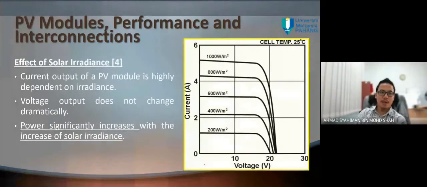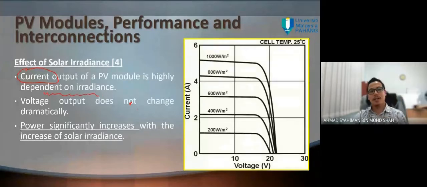Okay, effect of solar irradiance. The current output of a PV module is highly dependent on irradiance. The current is significantly affected by the irradiance, while the voltage output does not change dramatically.